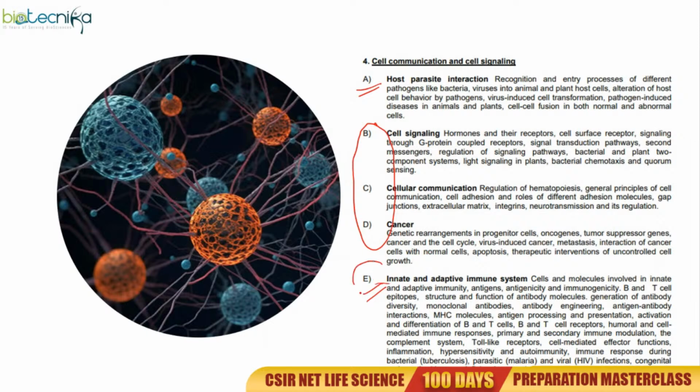Yes, immunology as well, because when it comes to immunology you have to cover the entire thing, because if you don't understand the basics, it becomes difficult for you to understand further processes. So you have to cover all the topics.